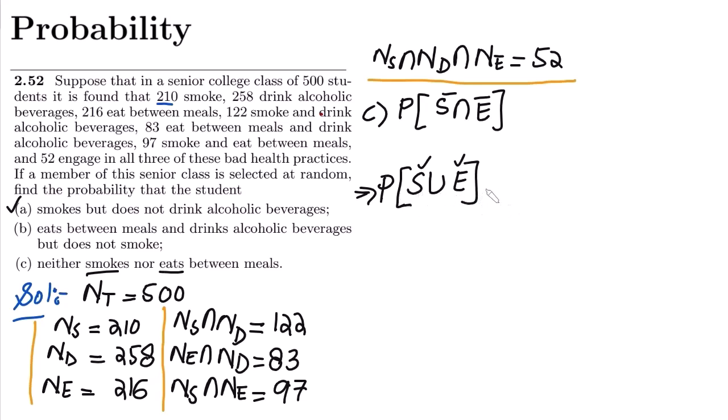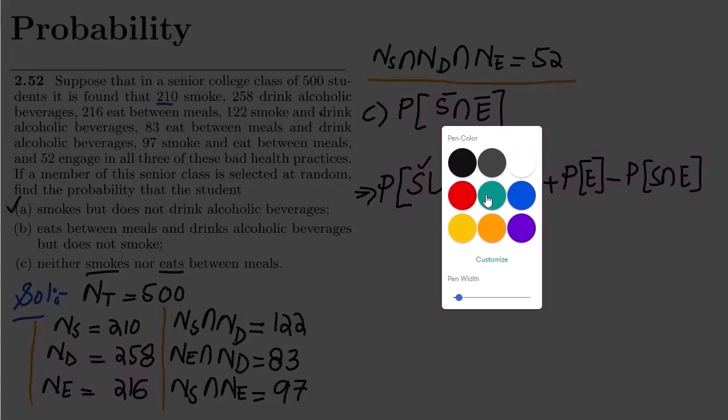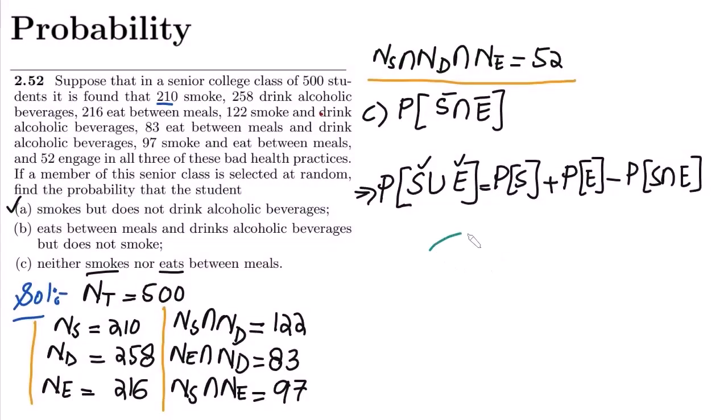Now in order to find it out, I have to find the probability of S plus the probability of E, minus the probability of S intersection E. Let me show you with this diagram. If I have this E or S, and the other one is here with this one, the first was this one, which was composed of all the areas.